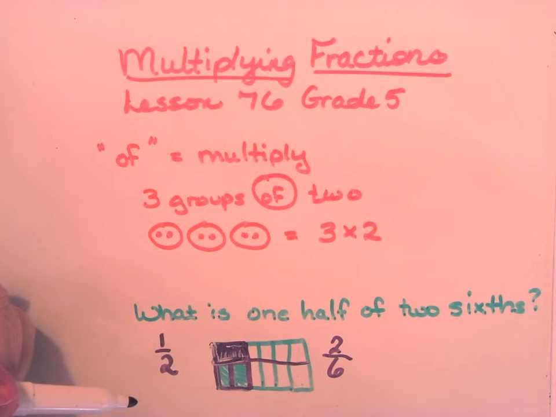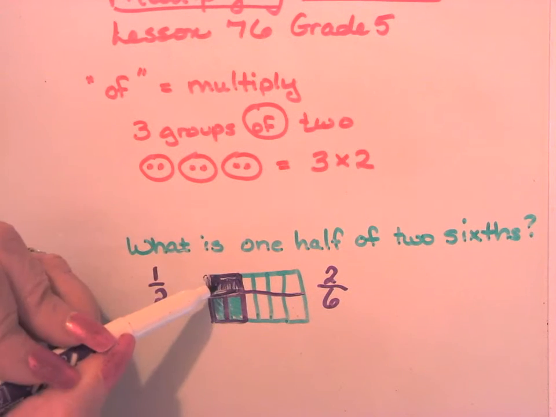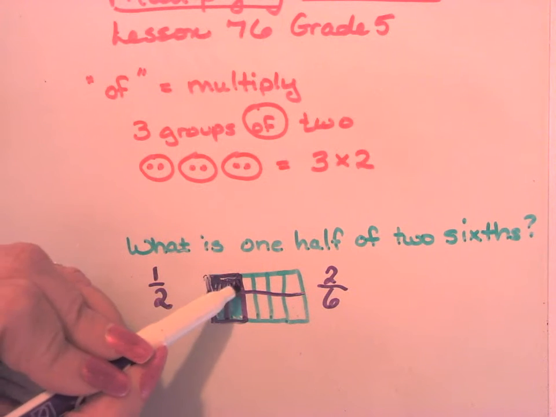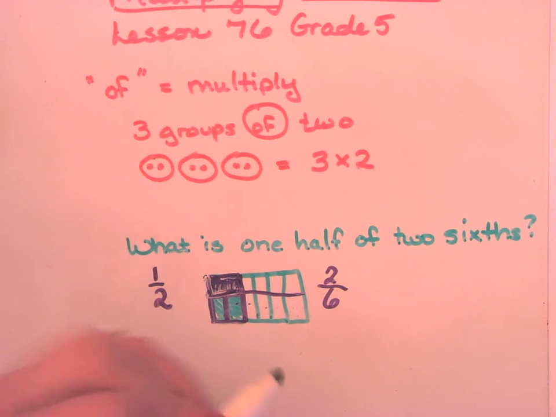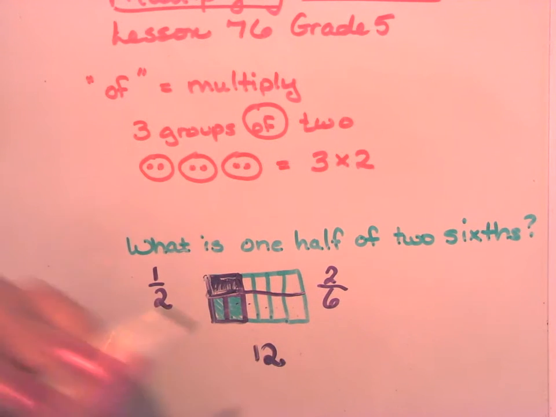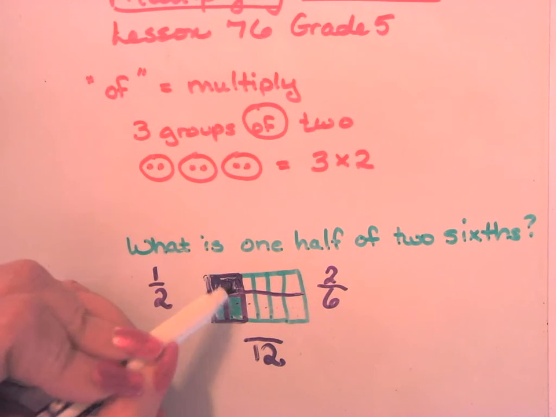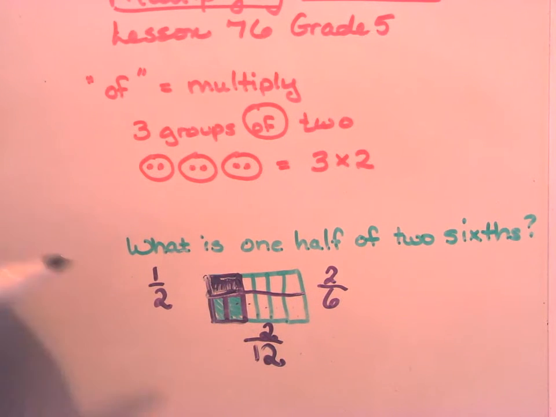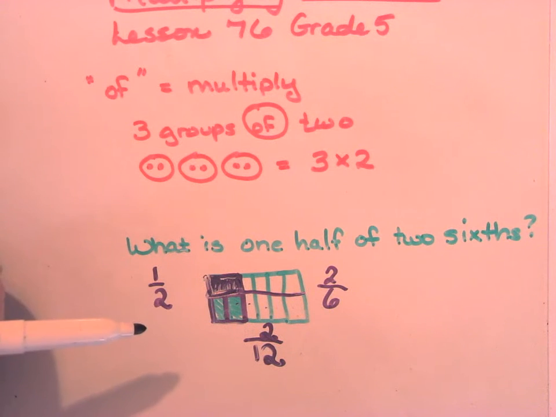Now when I go to write that out, what does that look like? Well, instead of 6 pieces, I have 1, 2, 3, 4, 5, 6, 7, 8, 9, 10, 11, 12. I have 12 pieces. And out of those 12 pieces, 2 are shaded in. So I actually end up having 2/12 as my answer.